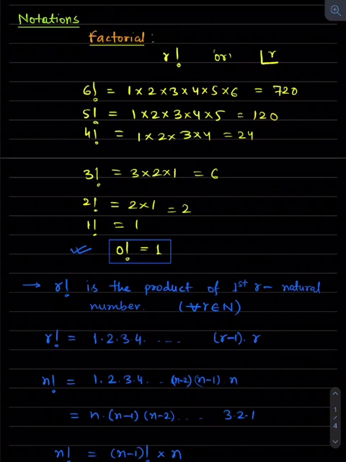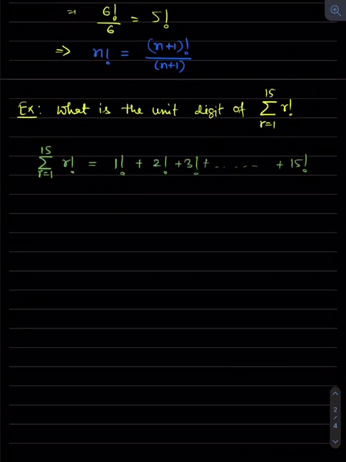We'll consider only these numbers for the unit digit, because whatever unit digit this gives, that is the unit digit of the summation of factorials up to 15 factorial. Okay, so we'll see now. You already know what 1 factorial is. 1 factorial is 1, 2 factorial is 2, 3 factorial is 6, 4 factorial is 24, and after that 5, 6, 7 have unit digit 0, so no need to consider that.